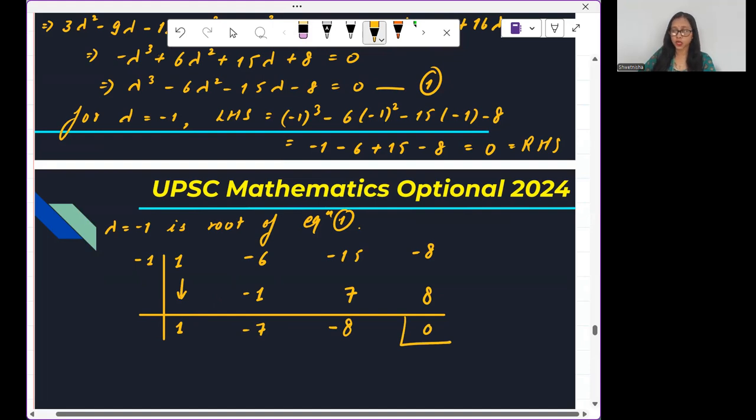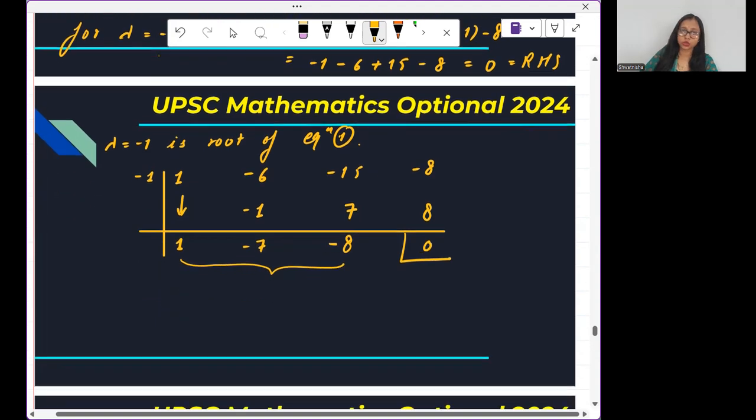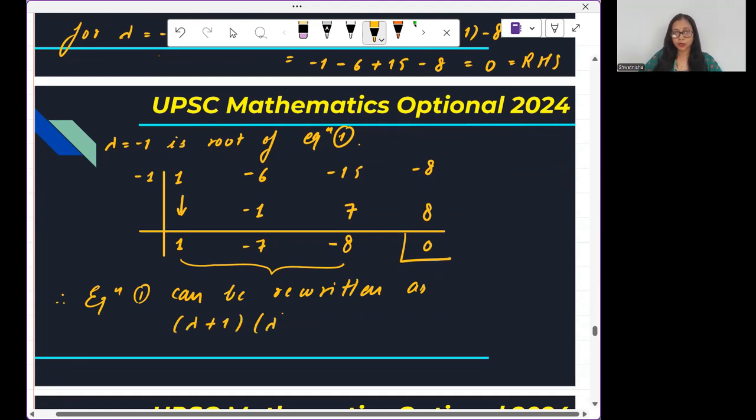This is the remainder, and obviously it has to be 0 because -1 is a root. So when you divide this polynomial by lambda plus 1, your remainder is 0, and this is your quotient. Therefore, equation 1 can be rewritten as lambda plus 1 times lambda square minus 7 lambda minus 8 is equal to 0.